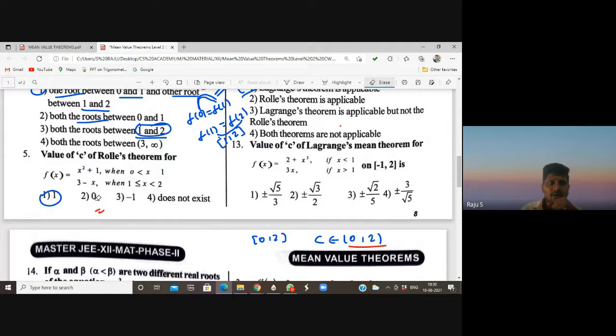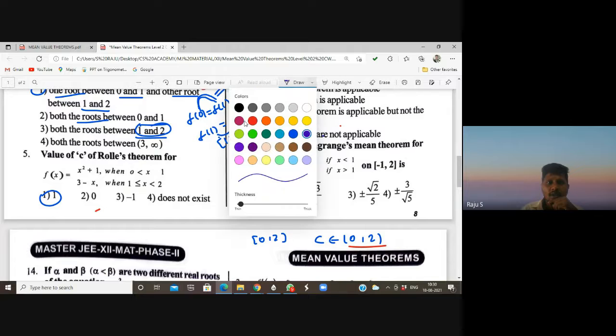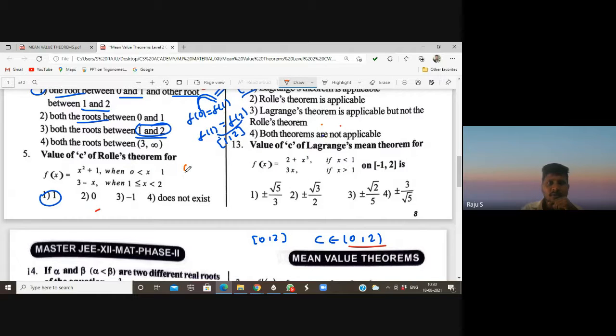Differentiable or not, because they have given two different functions here. What is f dash of x here? Lesser than 1 means left hand derivative. F dash of x will give 2x. Substitute x equal to 1, because I want to check at 1. So 2 into 1 is 2. Left hand derivative is 2. What is the right hand derivative?